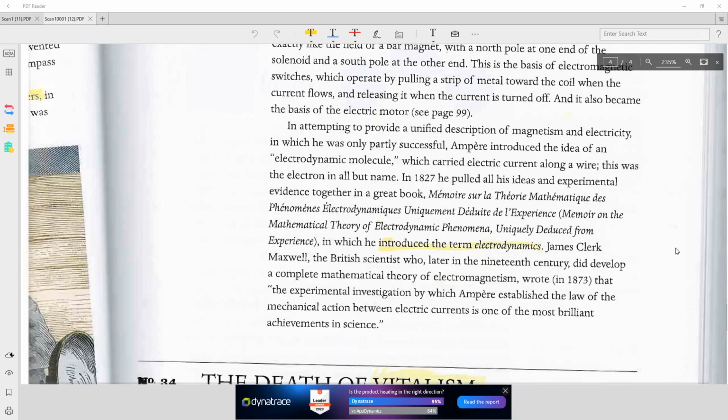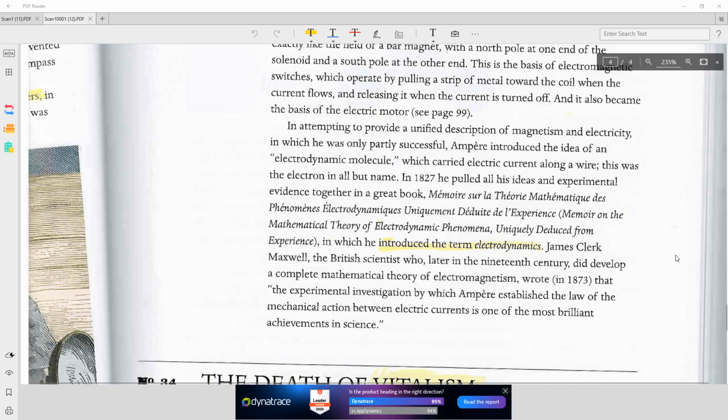In attempting to provide a unified description of magnetism and electricity, in which he was only partly successful, Ampere introduced the idea of an electrodynamic molecule which carried electric current along a wire. This was the electron in all but name.